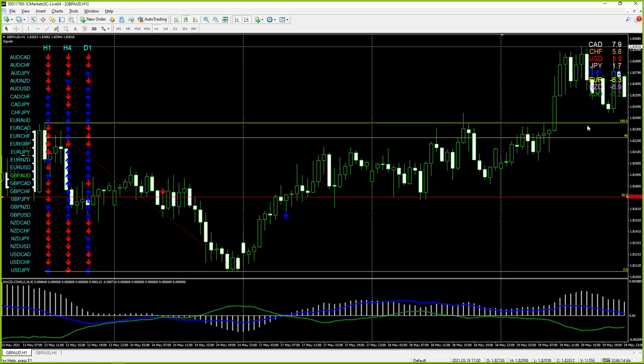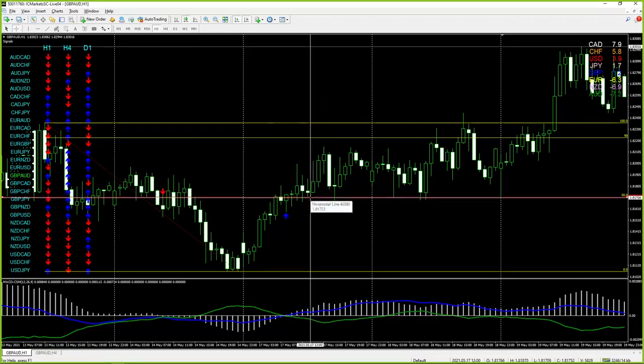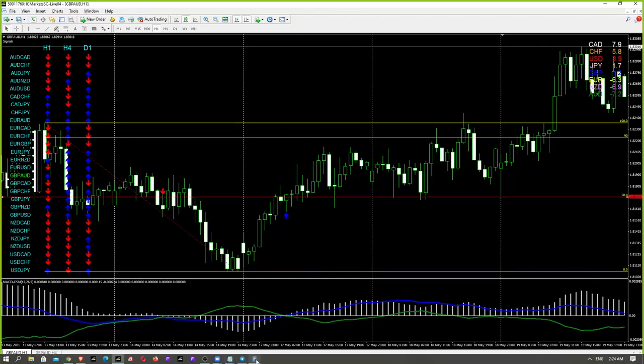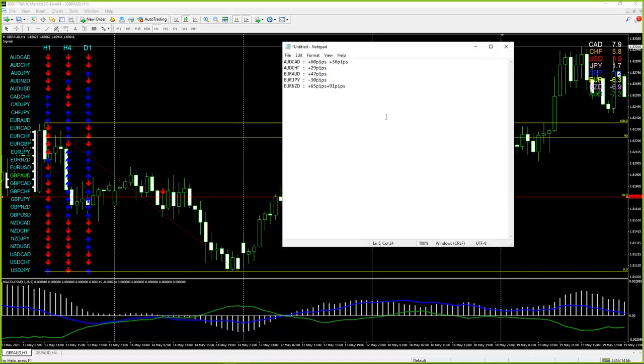As we can see, our 100 Fibonacci was hit the next day on Wednesday. So we would wait at least 24 hours for this trade, and our profit is 65 pips. Let's put 64 pips because of the commission. So GBP AUD has 64 pips.